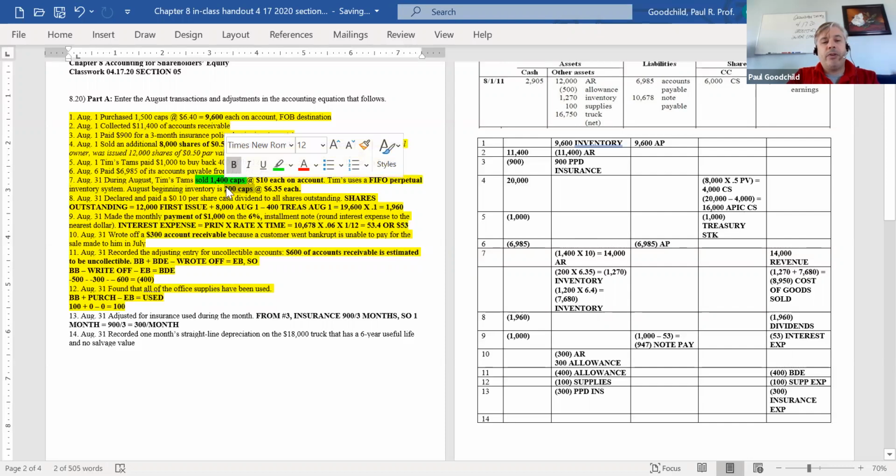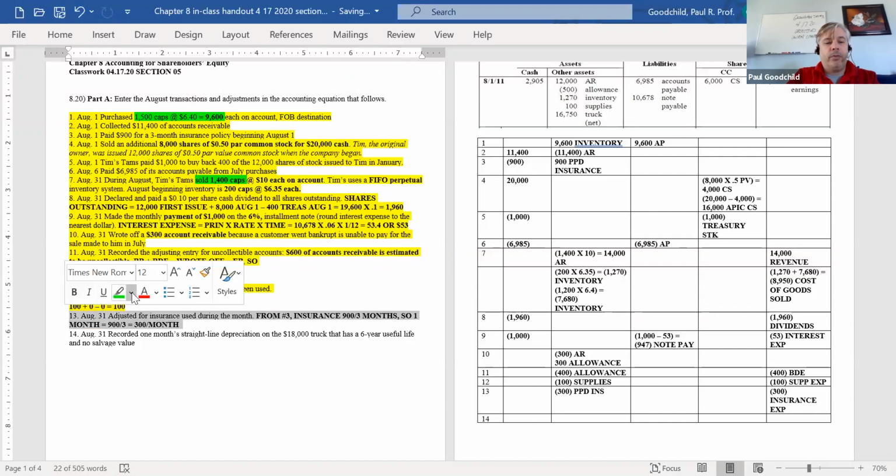So the 1,200 is the difference between those two. And so the 1,200 has to come out of this 1,500 that we purchased on August 1st. Hopefully I answered that question. And then we're all done with number 13.